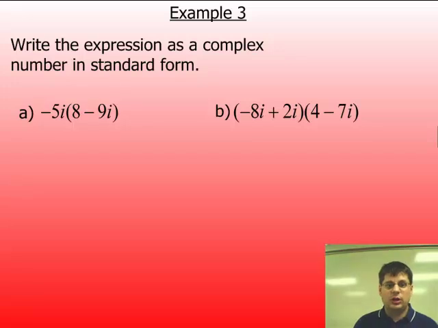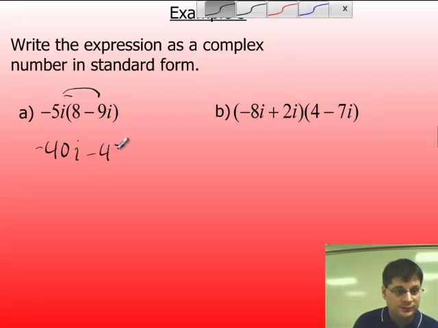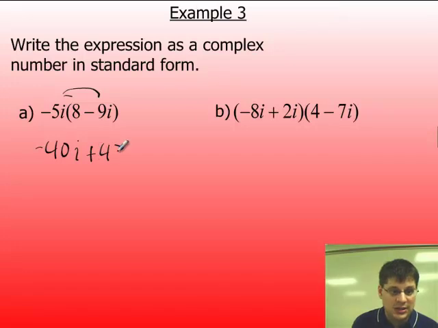Okay, so now we're going to start multiplying complex numbers. So let's start off with this purely imaginary with the complex. And, well, they're both complex. I'm not using that correctly. But let's go ahead and we're just going to distribute this 5i to both terms. So it's going to be negative 40i minus, okay, so negative 5 times negative 9 gives me a positive 45, and then i times i gives me i squared.